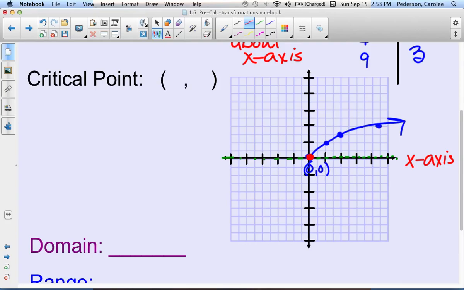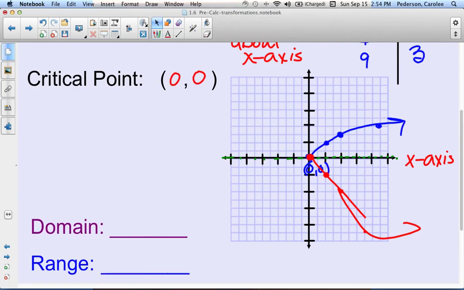And now I have over 1, down 1, over 2, down 4, over 3, down 9. That's not pretty. Our critical point is 0, 0.